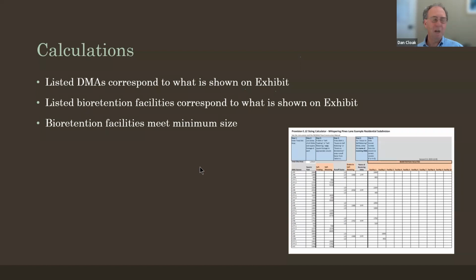So that's one thing to watch out for, but the idea is that you get a very close correlation between what's in the exhibit and what's shown in the calculations. And so that basically demonstrates the compliance with the E12 provision, that all runoff or runoff up to this certain amount be treated.